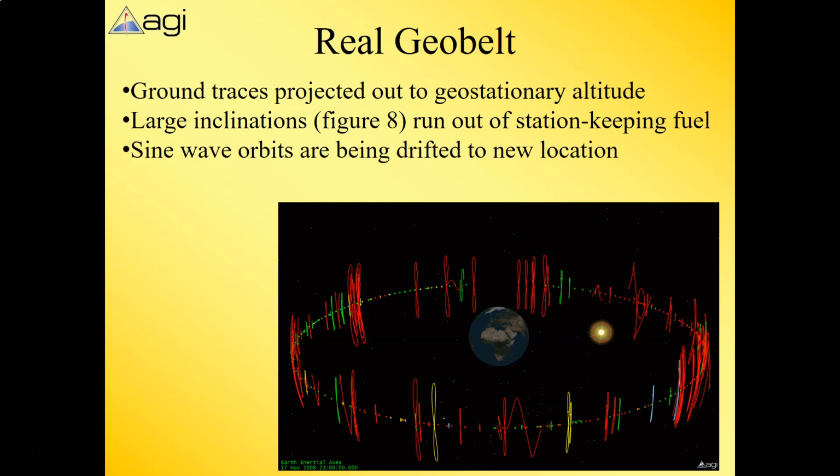Sine wave orbits are being drifted to new locations, and orbit color corresponds to participation in specific data sharing programs, not orbit related data.